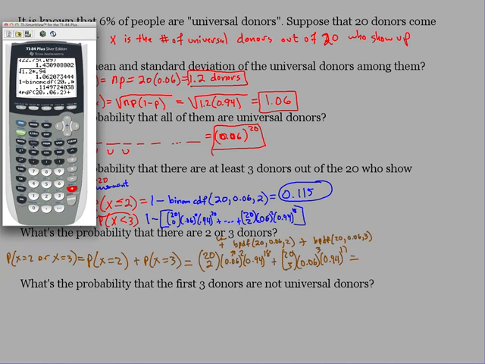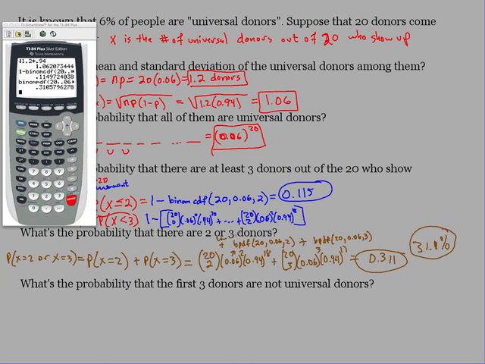Add that with the next one, which is the same thing. Up to PDF. I have 20. It's basically the same thing, but I have 3 successes this time. That equals 0.311.